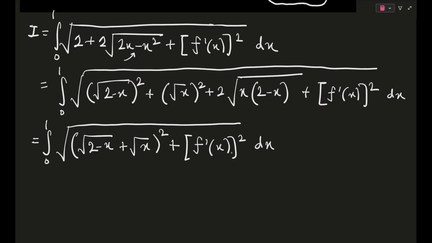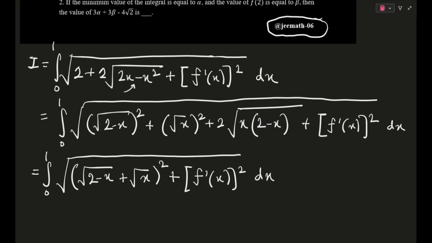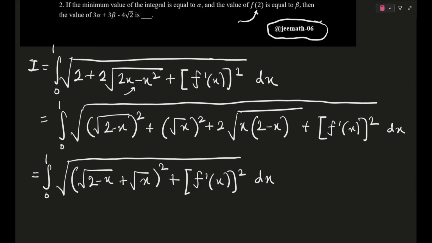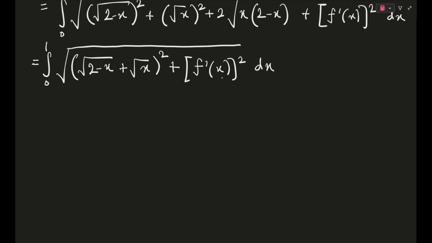In the second subpart, our question says we have to find the value of f of 2. So we not only need the minimum value of this integral I, we also need the exact expression for f of x.